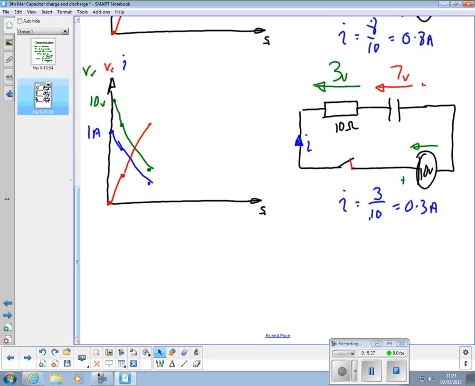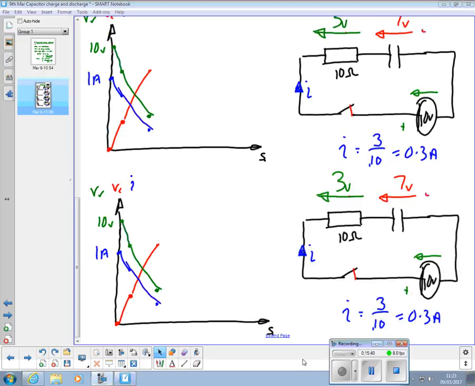One more. Capacitor voltage to 9.5 volts. Resistor voltage 0.5 volts.